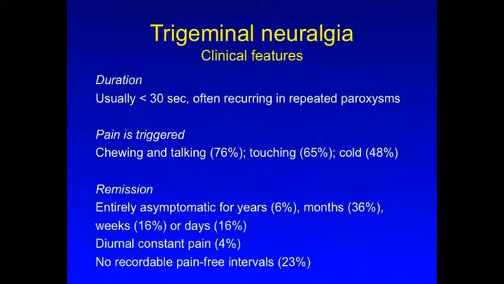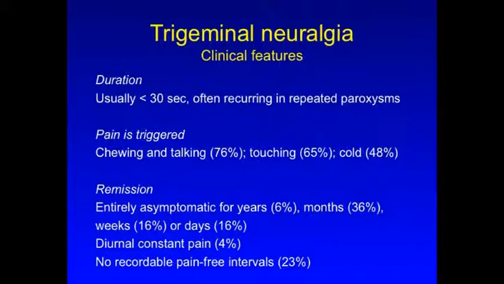Now, other clinical features: duration less than 30 seconds, recurring repeated paroxysms, and trigger factors like touching, cold, brushing teeth, and talking. Now this is very important, because the patients will ask you, what's going to happen to me, doctor? Am I going to get better? It's not good to have trigeminal neuralgia.